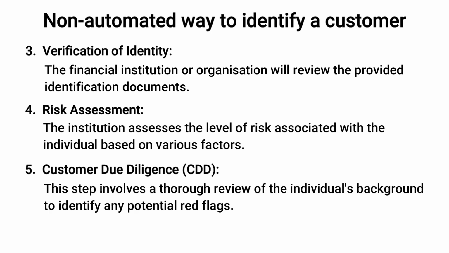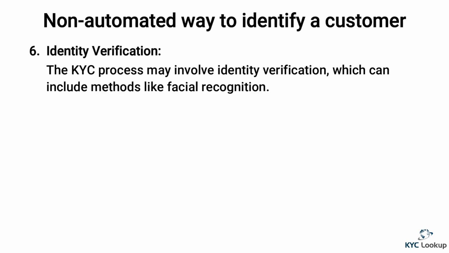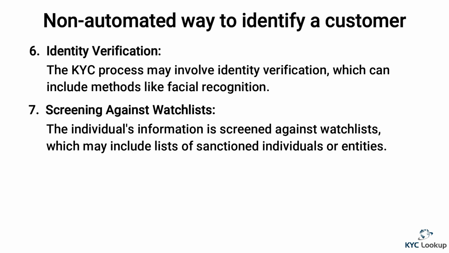This step involves a thorough review of the individual's background to identify any potential red flags. 6. Identity verification. The KYC process may involve identity verification, which can include methods like facial recognition. And 7. Screening against watch lists. The individual's information is screened against watch lists, which may include lists of sanctioned individuals or entities.